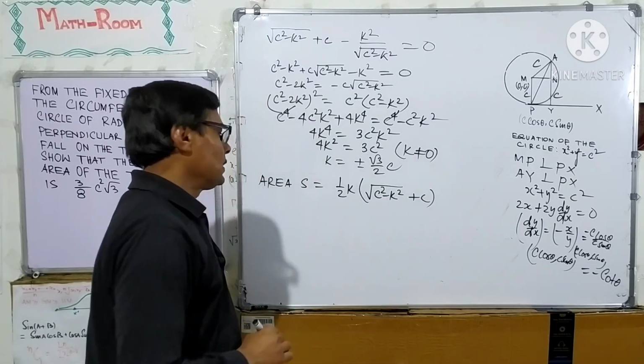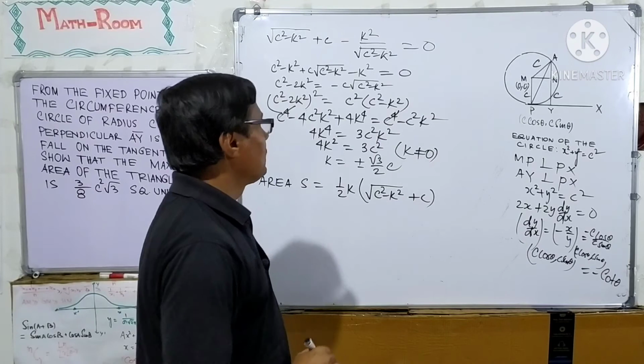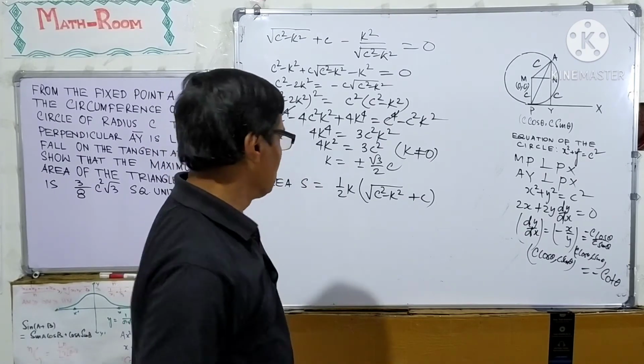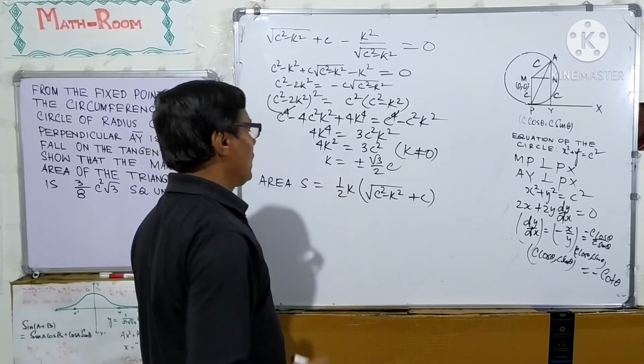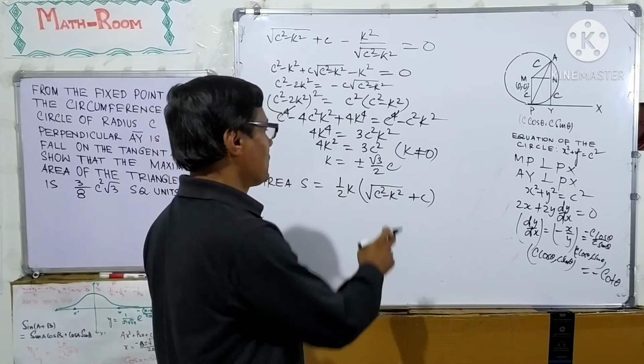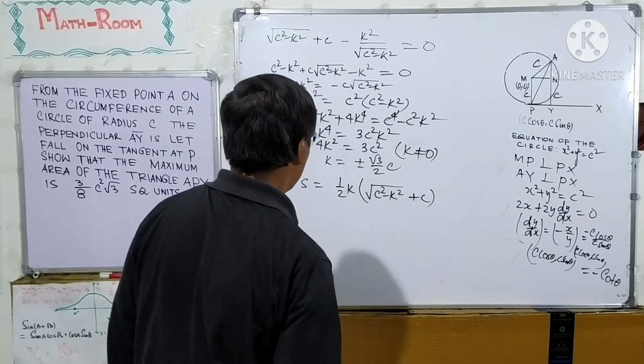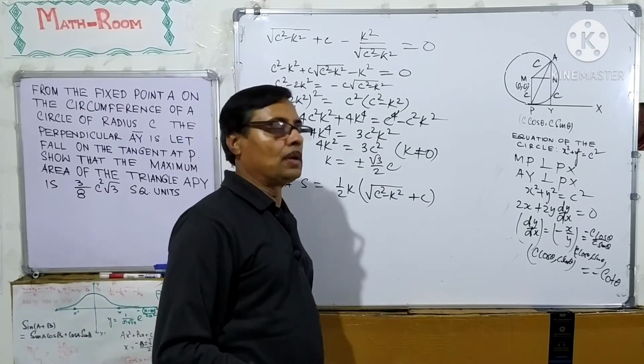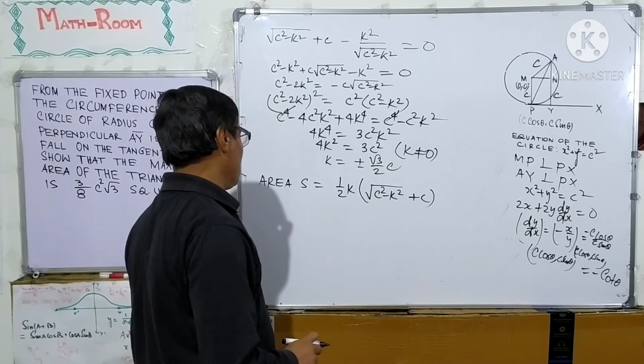This is the area of the triangle APY, which is considered as S. And we have to be confirmed about the maximum value of the area.